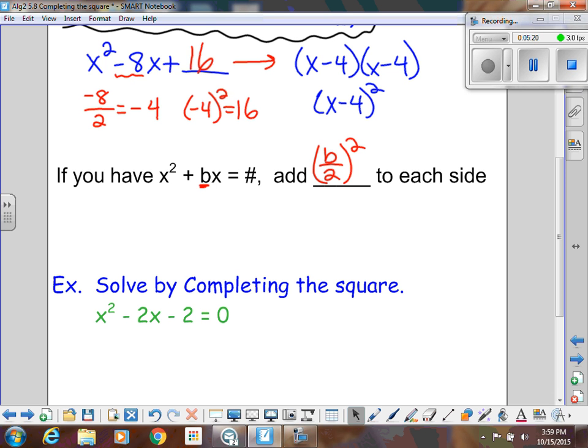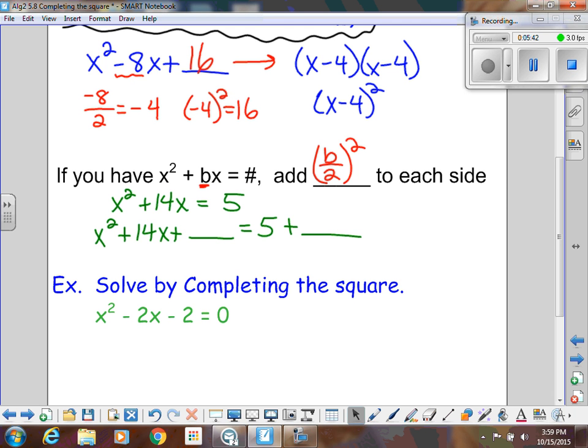So if I had the equation x squared plus 14x equals 5, then I would want to make sure that I'm adding the same thing on both sides. Remember, we can add the same thing on both sides of an equation. So what is that one thing that I'm going to be adding?